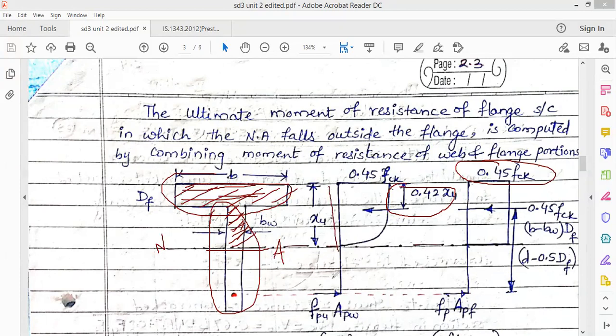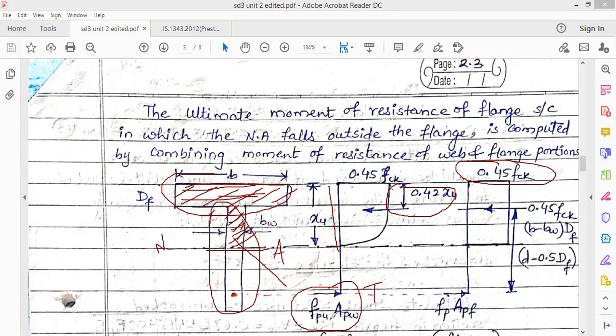Again, XU is the neutral axis depth, and here I have written the tensile force T for the web portion. If I consider this smaller web portion, then with respect to that, the tensile force is FPU into APW. APW means the area of steel required for the web portion stress.